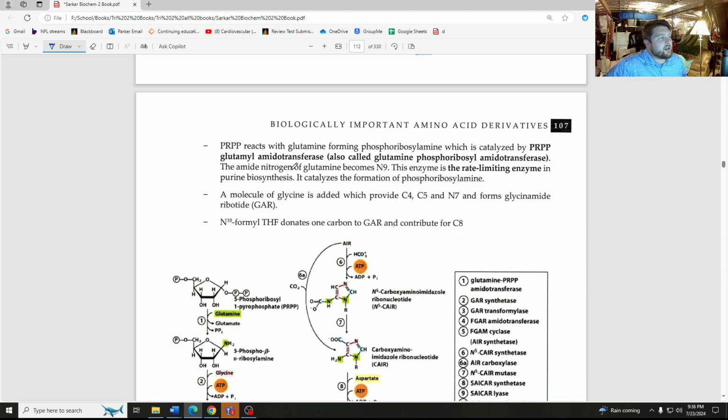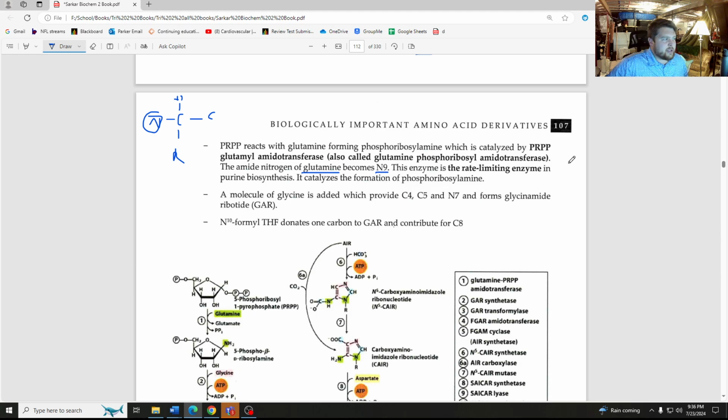The amide nitrogen of glutamine, remember glutamine is an amino acid, with the carbon having that nitrogen on one side, the R group, and the hydrogen, becomes N9, the nitrogen in the 9th position.